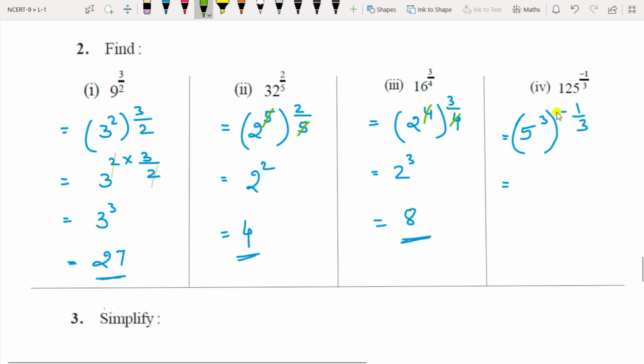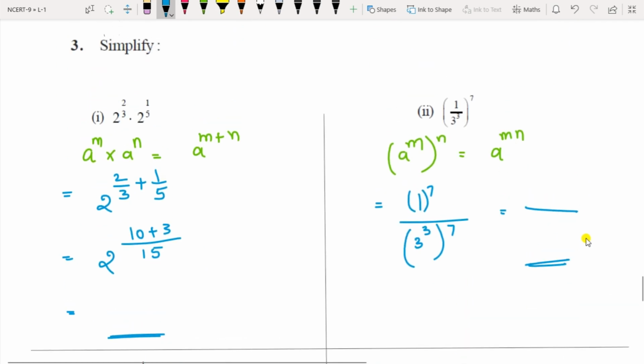In this case 3 will get cancelled, so the remaining is 5 raised to minus 1. If the power is negative, you have to convert it into positive by writing its inverse, so it will be 1 upon 5.